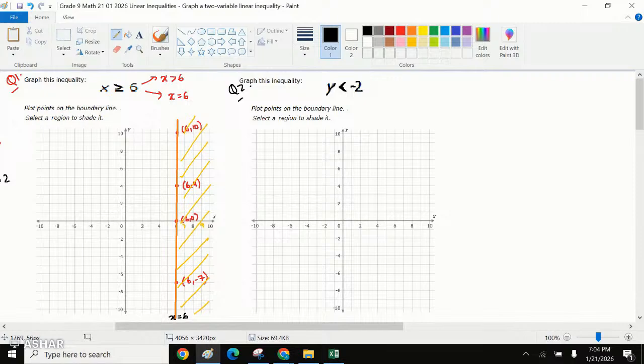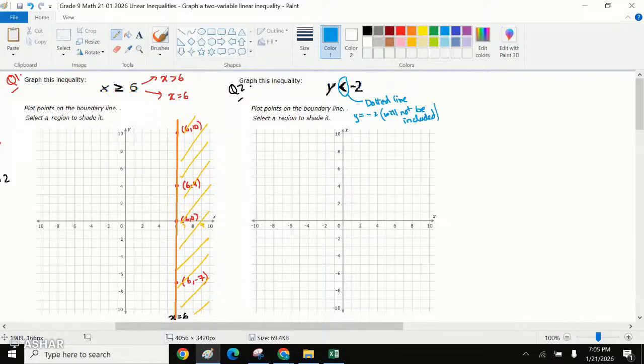Where do we find the value of y? We don't have an equal sign over here. So no equal sign. That means the line will be a dotted line. That means y is equal to -2 will not be included.